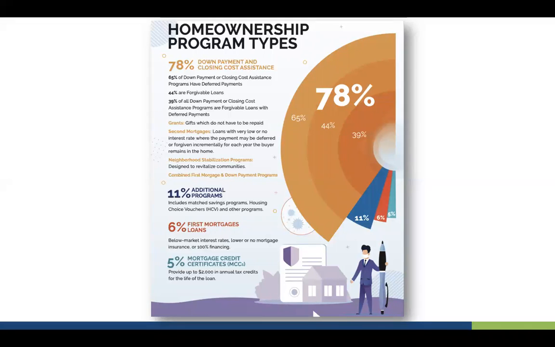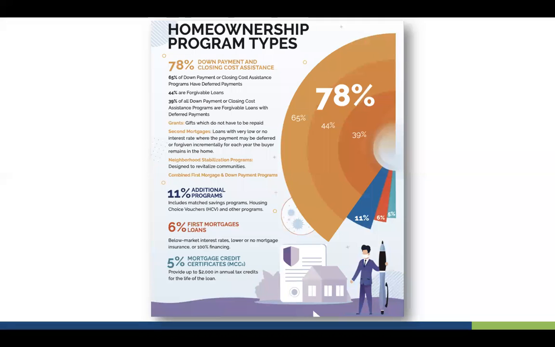So if it's not a grant at closing, but it is forgivable over time, it essentially becomes a grant at some point, presuming that your client, the buyer or borrower, remains in that house as their primary residence. And almost 40% of all down payment or closing cost programs are both forgivable and deferred.